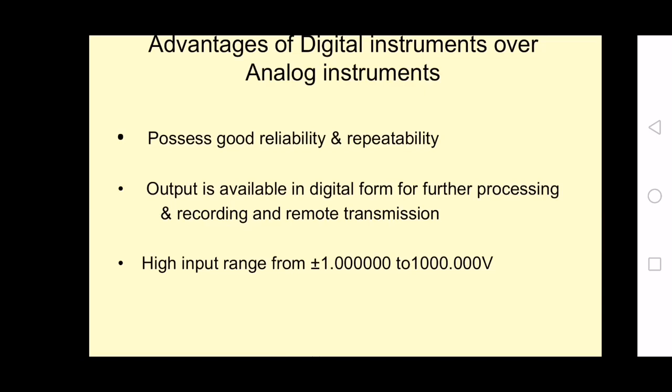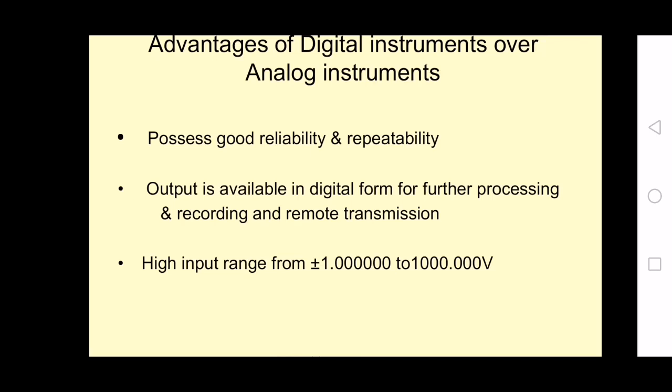If you measure a reading one day and after 10 days measure the same reading, in case of analog the reading will not be the same. But digital instruments possess good repeatability, with no problem of variation in the measured requirements.